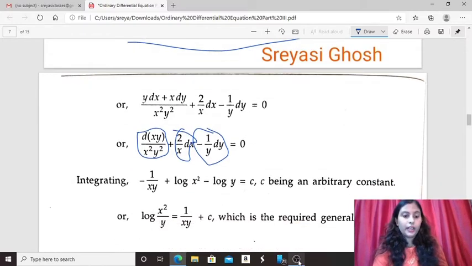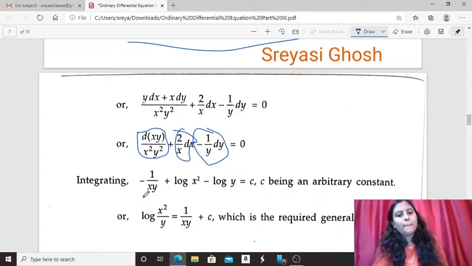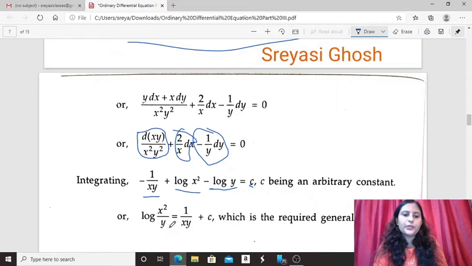Integrating it further, we will get the equation as −1/(xy) + log x² − log y = c, c being an arbitrary constant. Again, simplifying it further, we will have log(x²/y), since we have minus log y here.